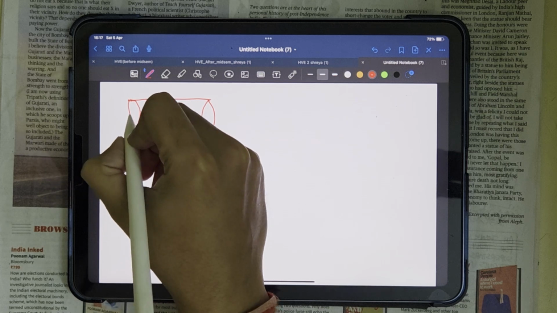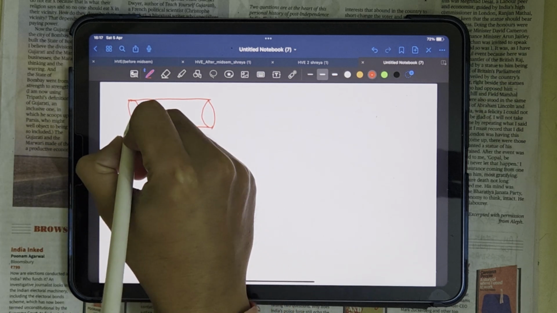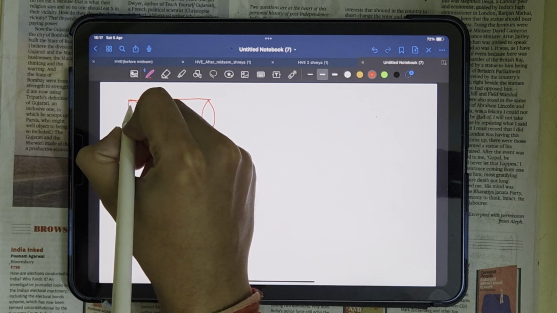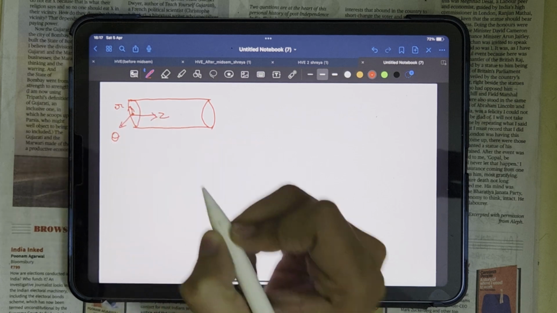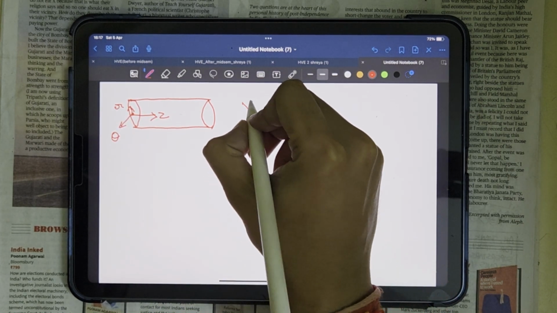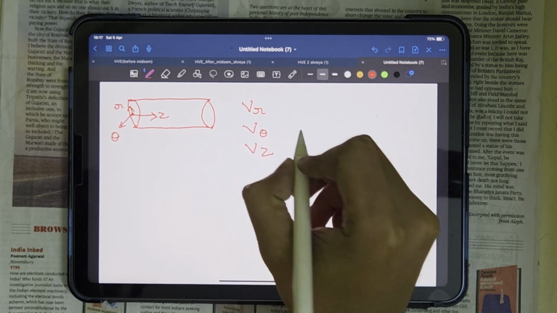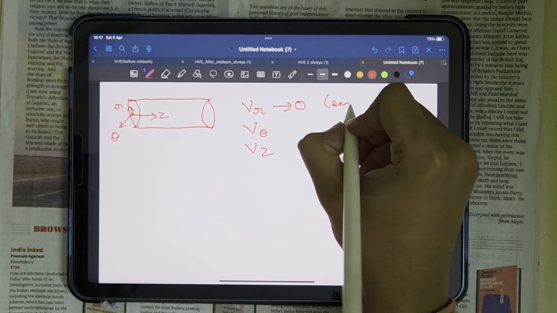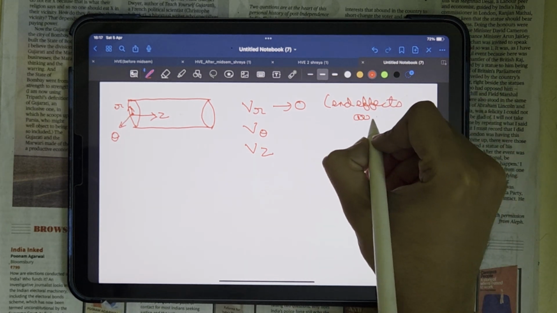We will take a center at this point, and first we will specify our directions. This is z direction, this will be our r direction, and this will be our theta direction. So first we will talk about the velocities. We can have velocity as Vr, V theta and Vz. So Vr will be 0 as end effects are neglected.